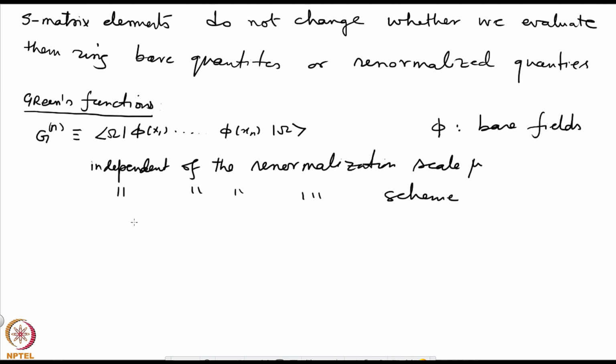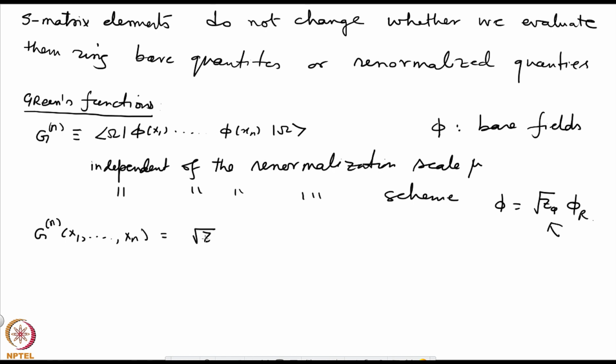Now let's write this Green's function in terms of renormalized Green's function. Okay, so Gn is equal to this object which you have here. Now each field phi I will write as root z phi times phi r, and remember these are constants. Okay, they do not contain any momentum dependence or any x dependence.